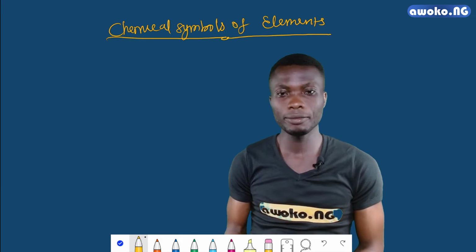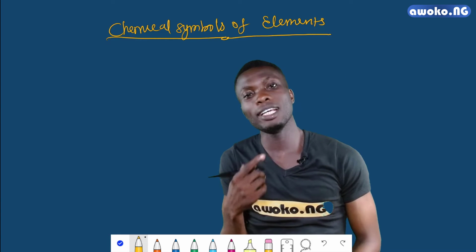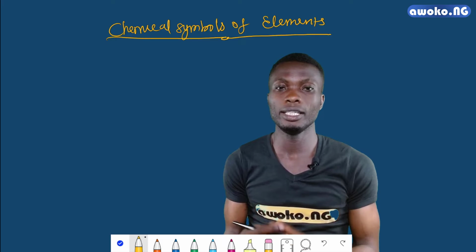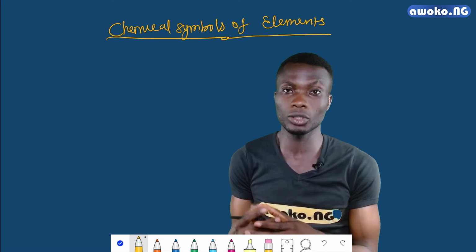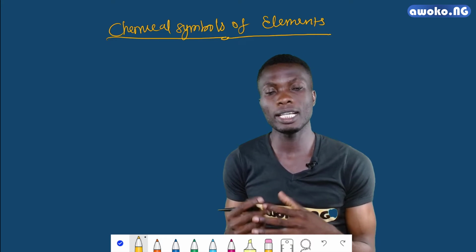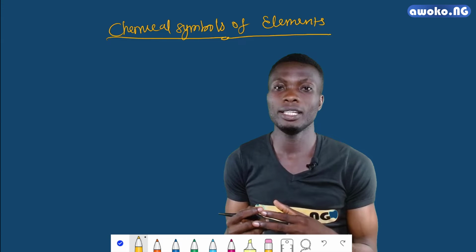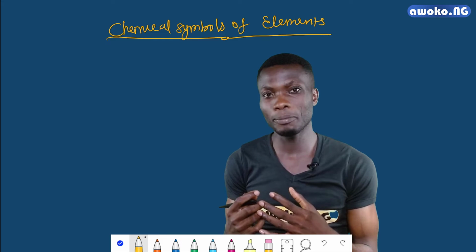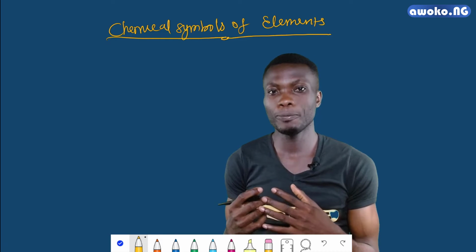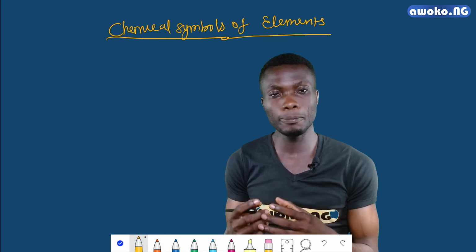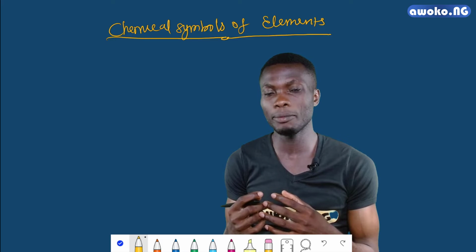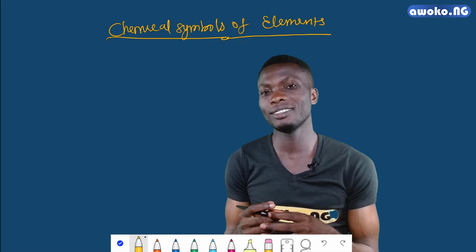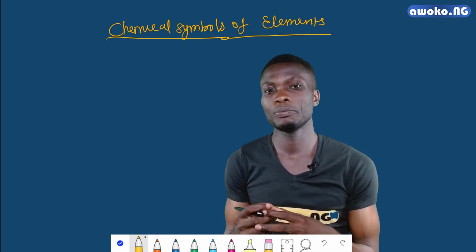In chemistry, Berzelius in 1814 contributed that it is easier and less cumbersome to represent elements in a coded form. I said coded form because there should be a simpler way of representing the elements, because you have over 106 elements in the periodic table.